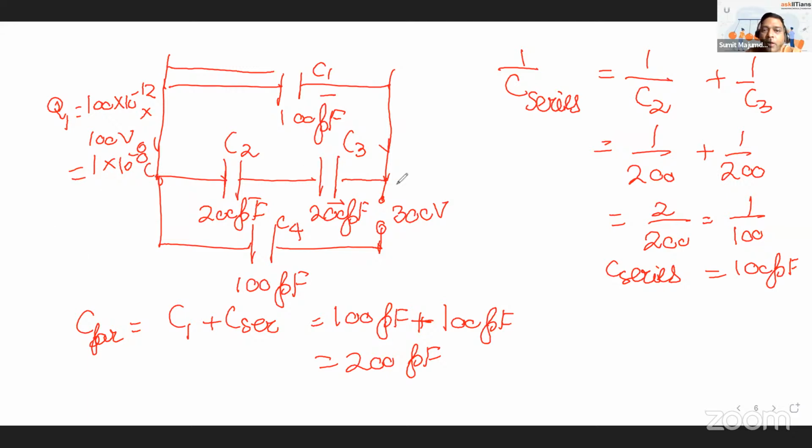Now you want to find out how much is through this. So through this also, if you remember, we got the net capacitance as 100 picofarad again. So the net charge that is flowing through Q2 will also be equal to Q3 will also be equal to 1 into 10 raised to power minus 8 coulombs. So this way we find out, we break it down.